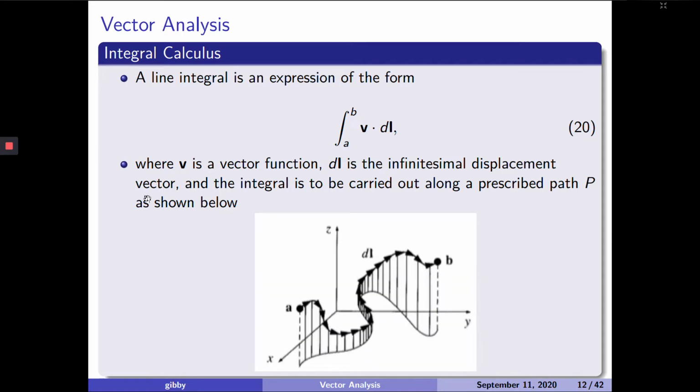So take note, we have this line integral here, and it follows a curve or a path along this way from A to B. Now the question is, what is the value of the area under this curve, or the integral of this curve evaluated from A to B?